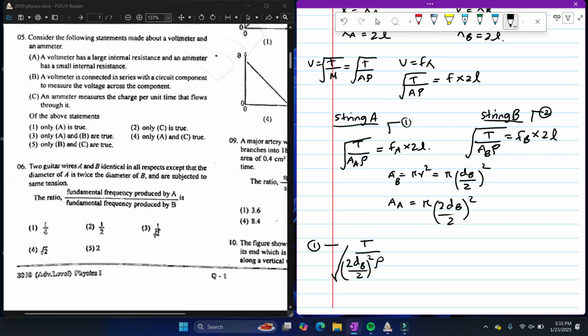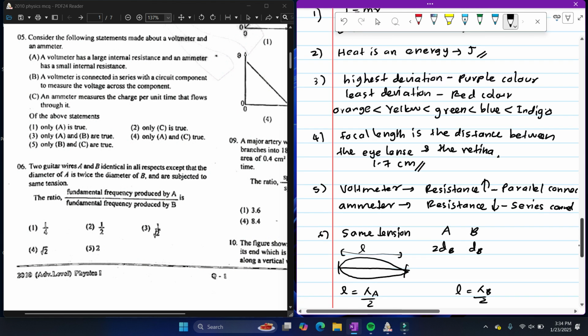So square root the whole thing, FA into 2L. For equation number 2, T divided by the area of B, which is dB divided by 2 squared into rho. Take the root of it, then FB into 2L.